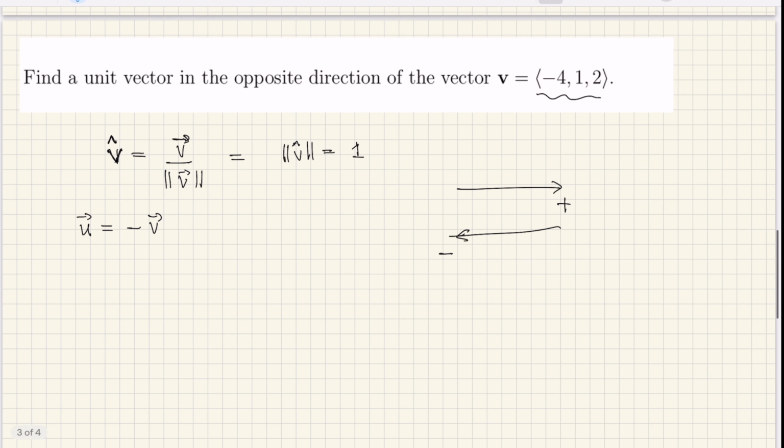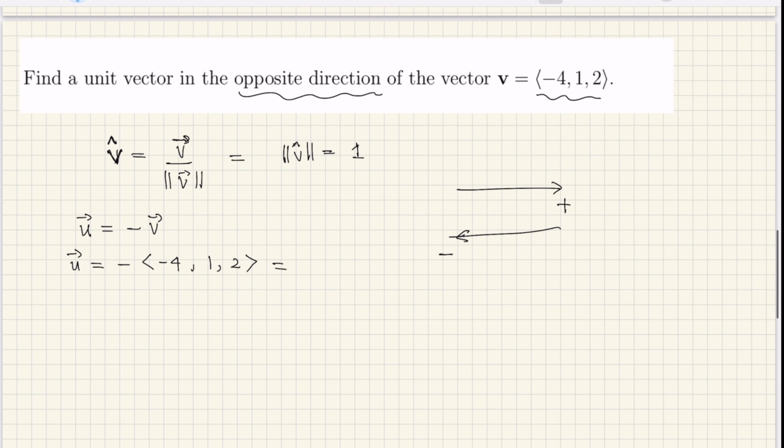So the vector opposite in this direction should be minus of v, which is just minus 4, 1, and 2. If you multiply this out, you have 4, minus 1, and minus 2. So this is the vector in opposite direction.